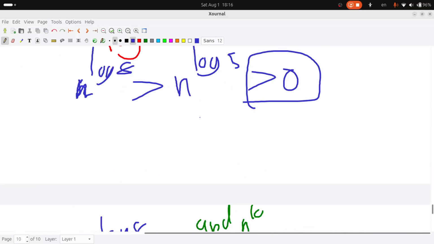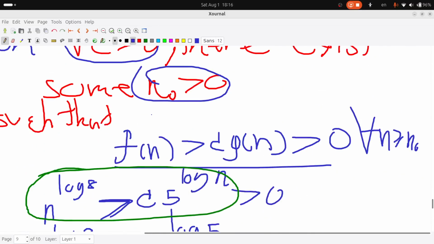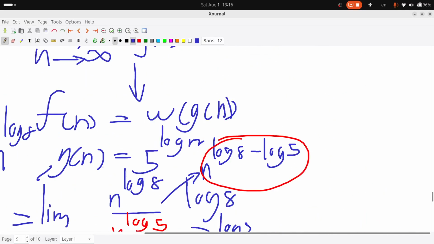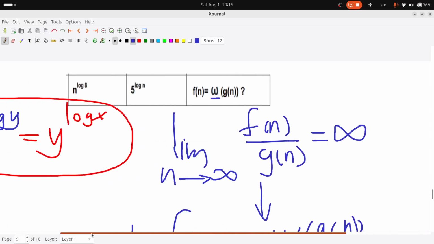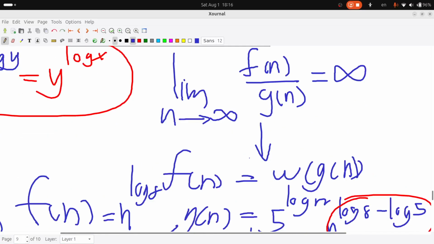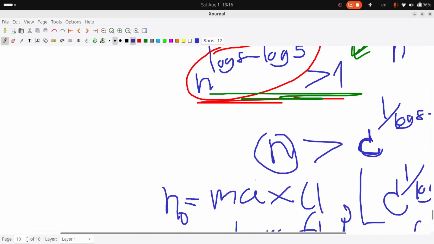It's pretty hard to write. If you want, instead of the definition, you can use the limit method: the limit of f(n) divided by g(n) should be infinity as n approaches infinity. You can use just this one if you don't want to prove that long for the little omega notation.